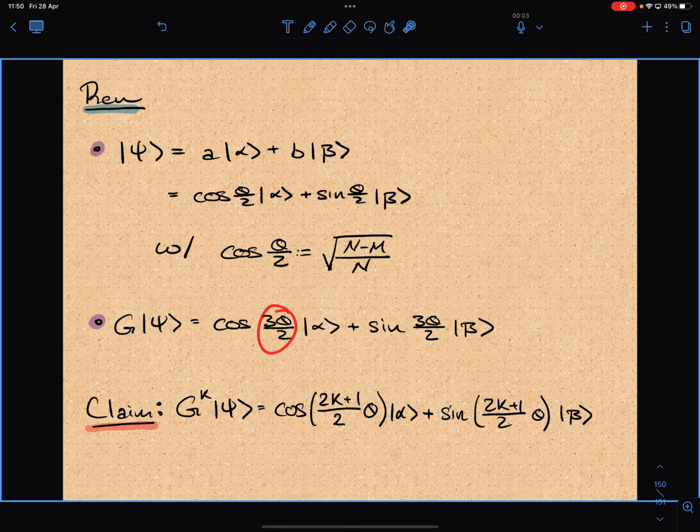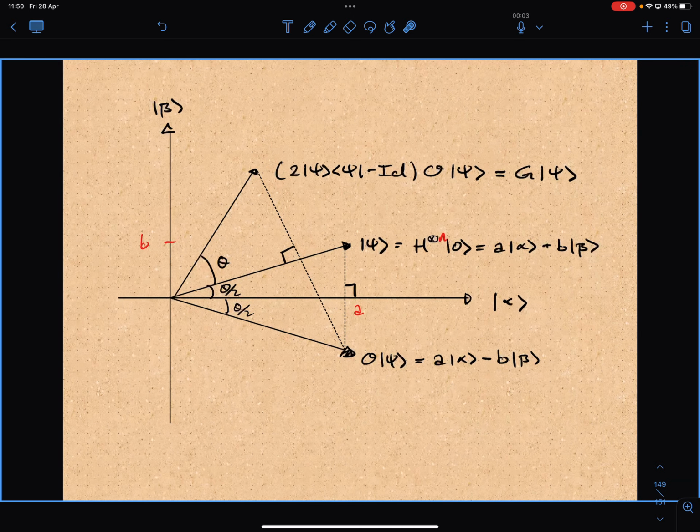We're going to go to this angle. So we're rotating towards the B vector. And it's an exercise to now show that G^k, if we apply it k times, then the angle is going to be this. And so the name of the game at this point is how many times do we apply G to get as close as possible to this axis.